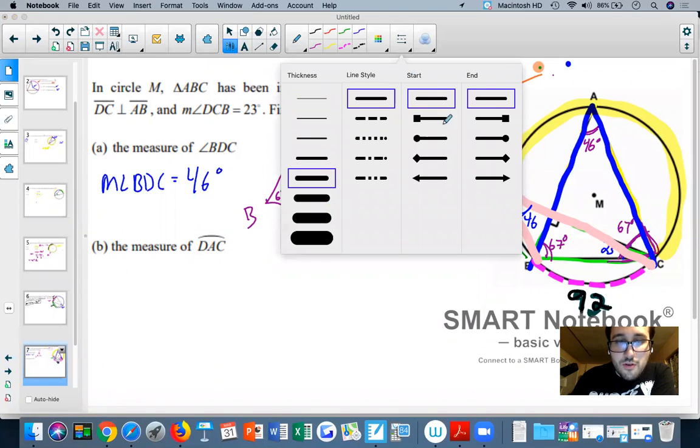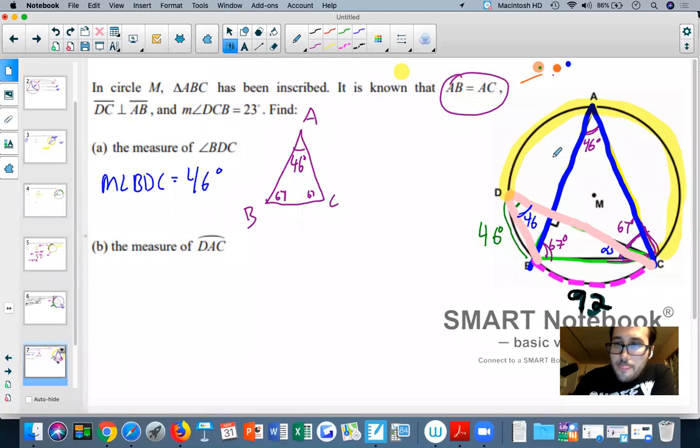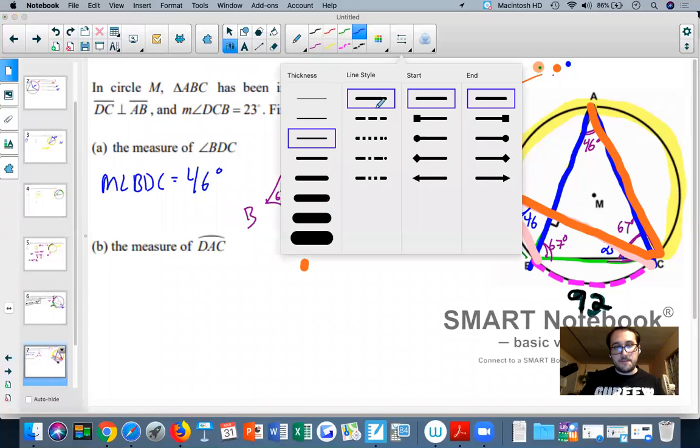Anywho, let's do this. We're almost done. So check this out. This is an inscribed angle. Okay? If you remember, check this out.